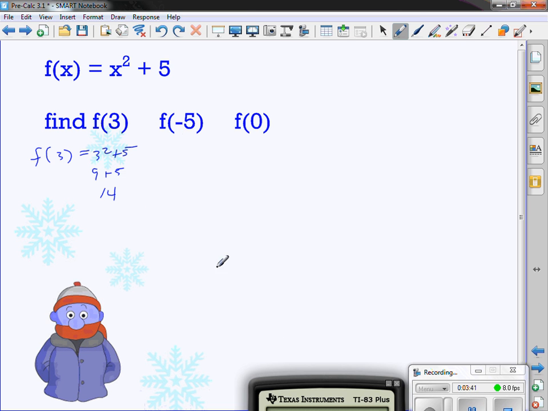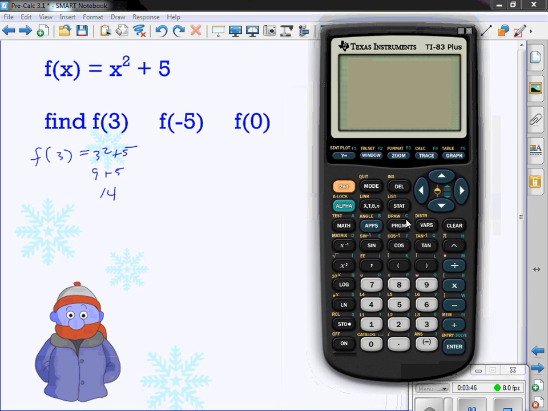Anyone remember how to do it in the calculator? Well, the best way is take negative 5, store it in the x, and now I just type in x squared plus 5. My answer is 30, because negative 5 squared is 25 plus 5 is 30.